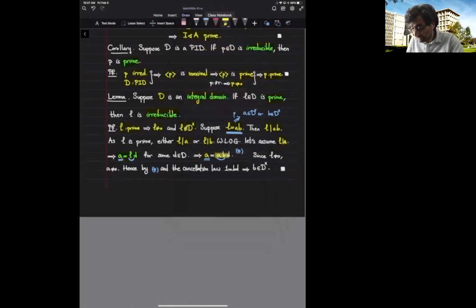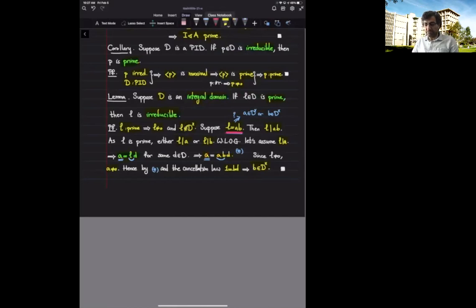Okay, so now because I have this equation over here, and I know that L is not 0 because L is prime, none of the factors A and B can be 0. So A is not 0. That means I am allowed to use the cancellation law. I can cancel out A from both sides, and then I end up getting that B times D is 1, which means B is a unit.